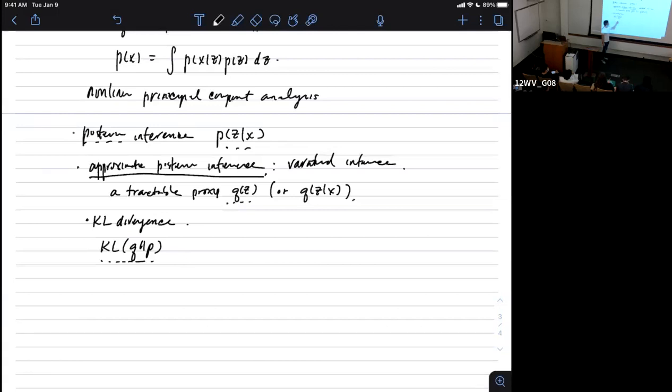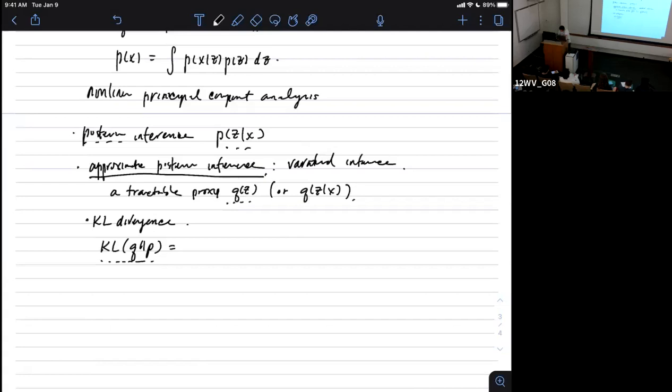So this part, no one really agrees on it. Some people say we should read it as a KL from P to Q. Some people say it should be KL from Q to P. Some people say KL, Q, and P. And some people say that we should just write it down, and then I hope that everyone can read it together. But we're going to just go for KL, Q to P for now. I think that's easier to remember.